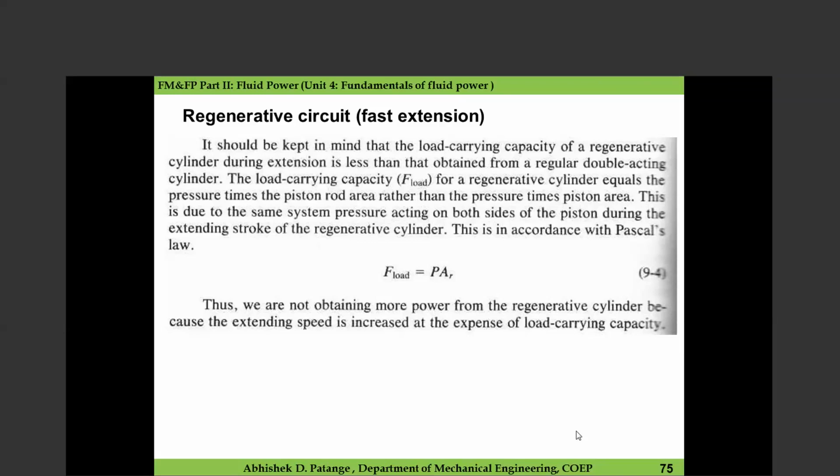The meaning is we are getting more speed, but with the more speed we are compromising on load carrying capacity. So the load carrying capacity of the regenerative cylinder is lesser.